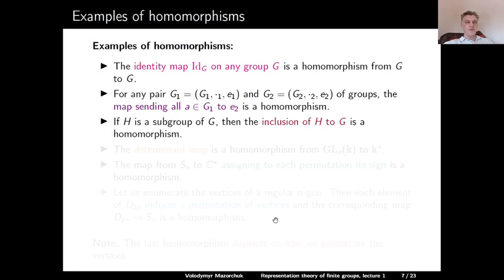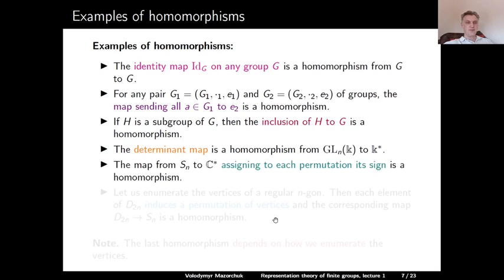Third example, if H is a subgroup of G, then the inclusion of H to G is a homomorphism. Next example, the determinant map is a homomorphism from the group of all invertible n times n matrices over a field K to the multiplicative group of all non-zero elements in K.